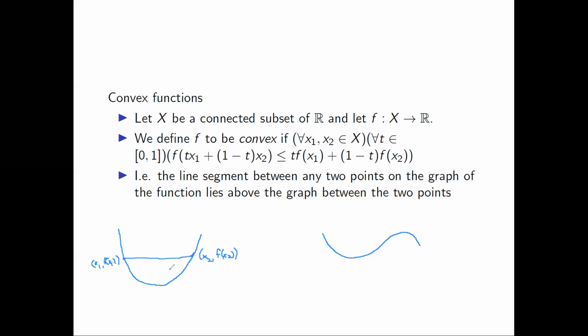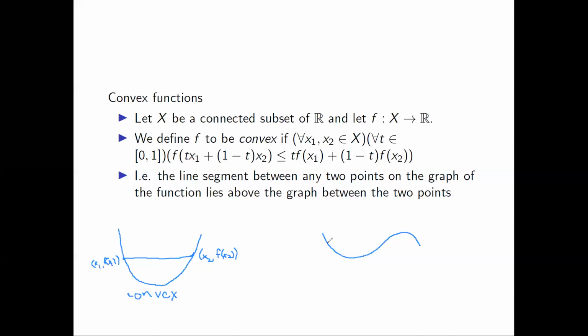And we can see that for any 2 points I choose on this graph, if I draw the segment, it's always going to be above the graph of the function between the points. So the function I drew over here is convex.